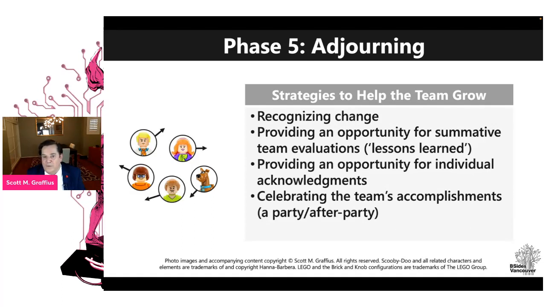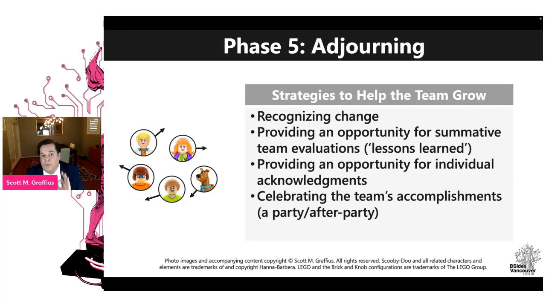Certainly the individuals on the team and the team as a whole benefit from somebody, whoever's the right person in your organization, the CEO, the head of InfoSecurity, whoever this person is, whether it's in person in a meeting, over an email, or on a Zoom call, whatever the delivery mechanism is, expressing appreciation for the hard work, diligence, and contribution of the team. It goes a real long ways.